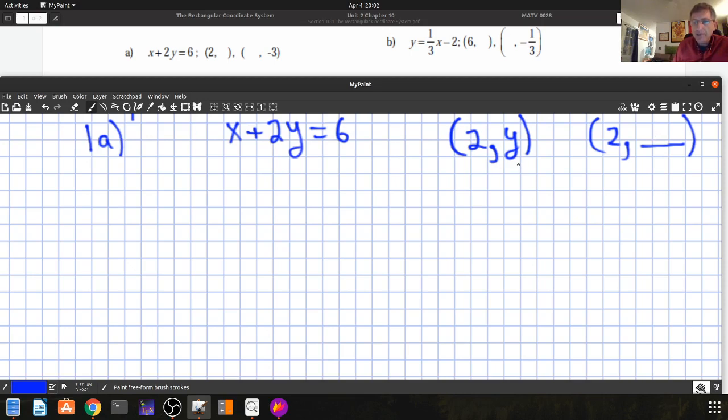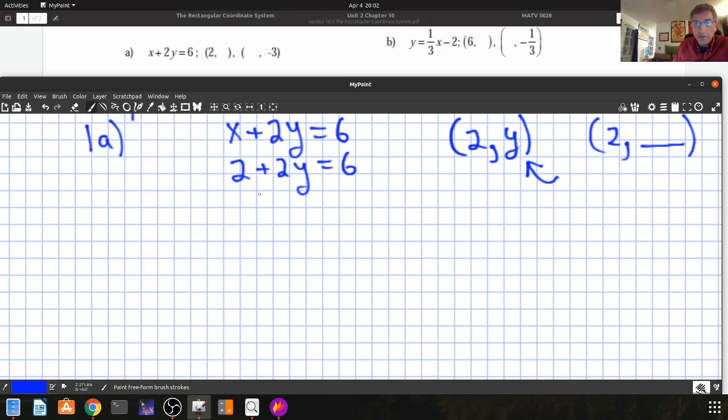So what we have to do is, if x is equal to 2, can we find the y value such that 2 comma this y value is a solution to this equation? Well, let's do it. Well, x is equal to 2. My y value is my unknown. So we're going to solve for y.